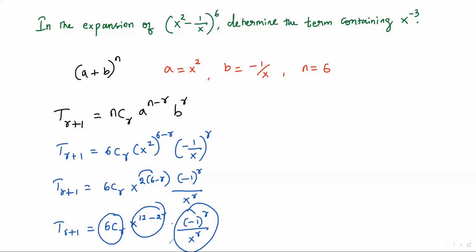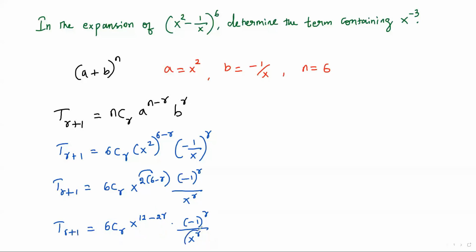The three quantities are in multiplication here. Whenever two or more quantities are in multiplication, the denominator in any fraction can be considered as a denominator for any quantity. So here x to the rth power is the denominator of negative 1 to the rth power, but the same x to the rth power can be taken as the denominator for this one or this one, because all the quantities are in multiplication.